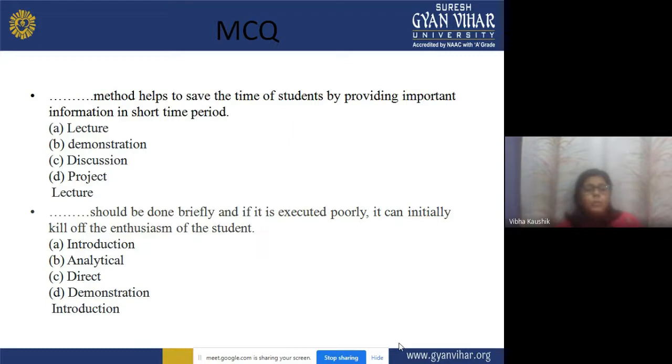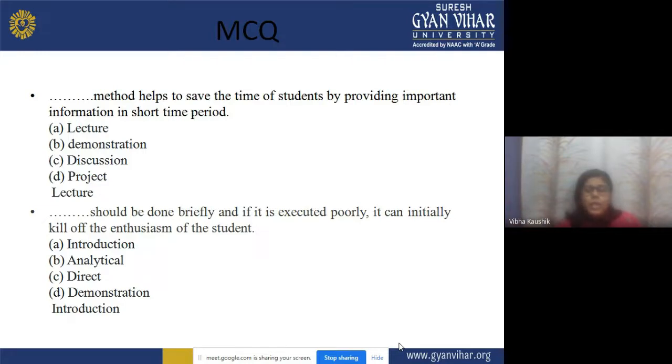very short time duration. Dash should be done briefly, and if it is executed poorly, it can initially kill off the enthusiasm of the students. Now, what should be done briefly first thing, and if it's not done in a proper manner, it can initially kill off the enthusiasm of the students. Means it will kill the enthusiasm of the students to learn something.